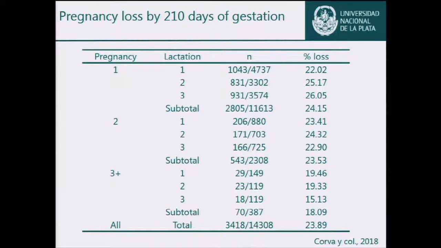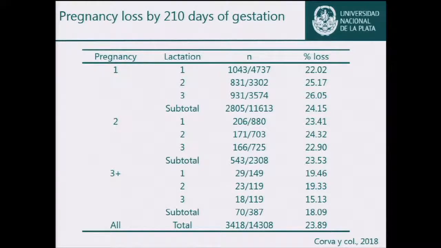And here is the lactation number, and here are the numbers, the percent loss for each category. So for example, for the first pregnancy, for all the 3 lactations, we have a 24% pregnancy loss. For the second pregnancy, it was 23, and for the third pregnancy and plus was 18, and the total was about 23%.